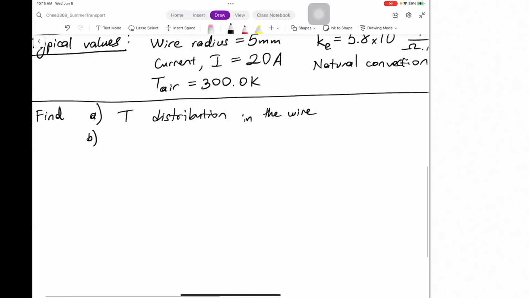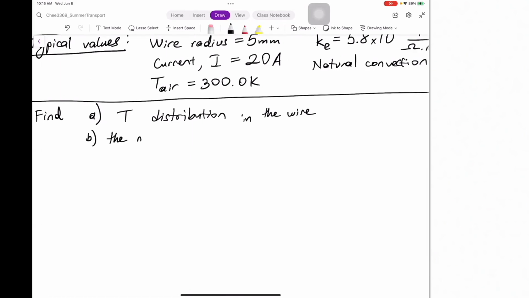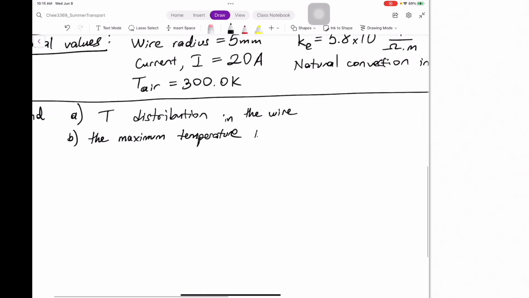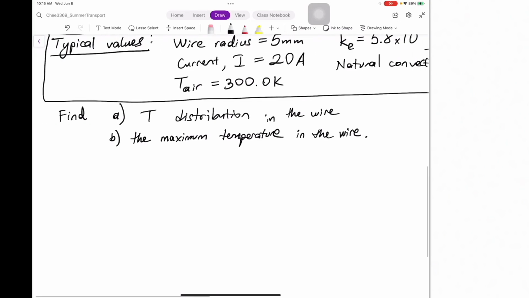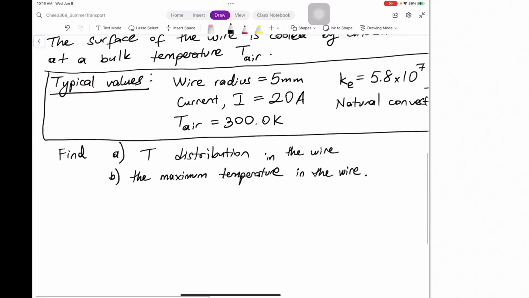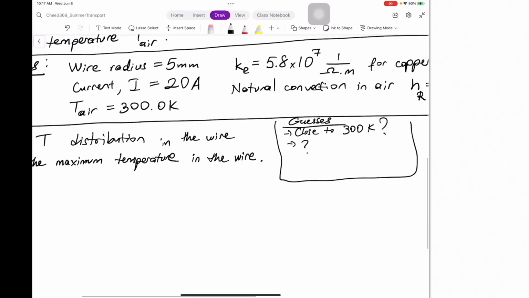B, let's find the maximum temperature in the wire. Okay, so let's see whether the wire is going to heat up so much or not that much. So can I get some expectations from you? Any guess what temperature you think you're going to get for the maximum temperature? What do you think with these parameters? We're going to solve the question together. Let's see what we're going to get.